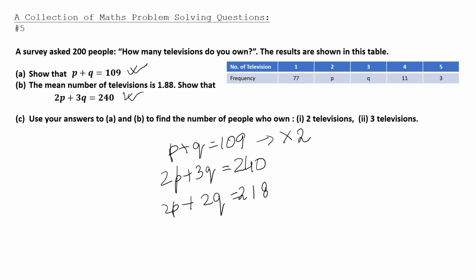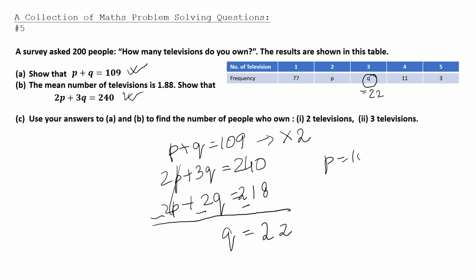So if I do my subtraction and cancellations, I get Q equals 22. And that is the correct answer. Once I get that, P is easy enough.